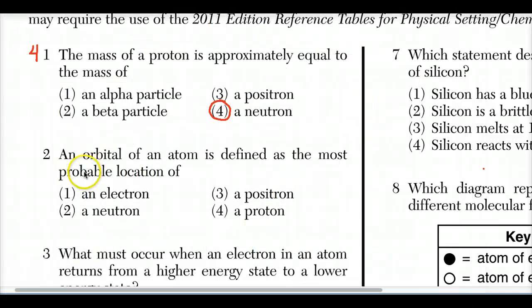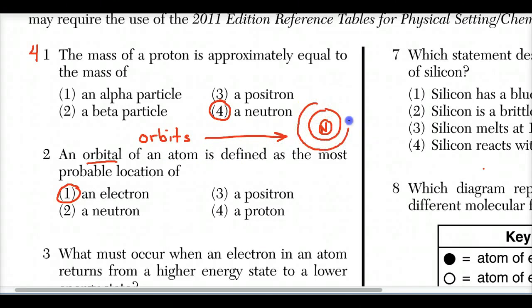Number 2, an orbital of an atom is defined as the most probable location of an electron. Okay, this orbital is very, very similar to the orbits that electrons traveled in the Bohr model. Here's the nucleus and here's the planetary model.